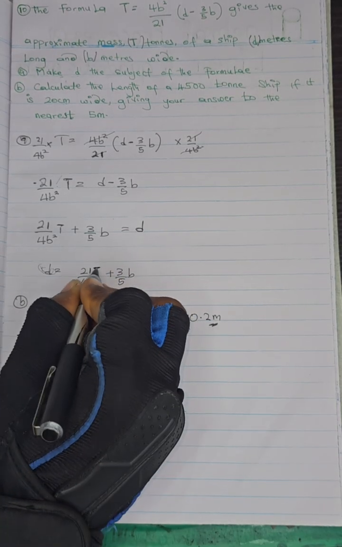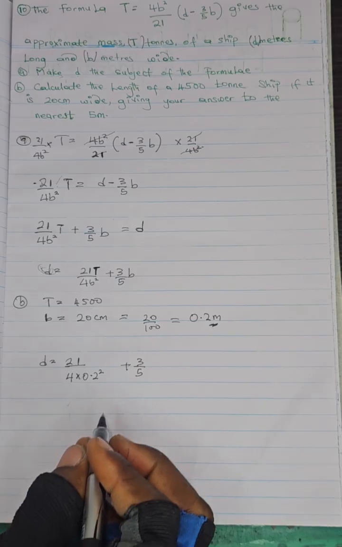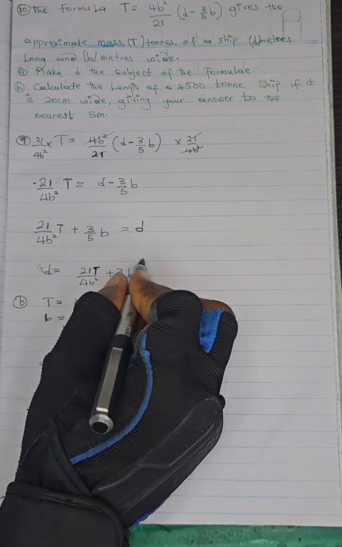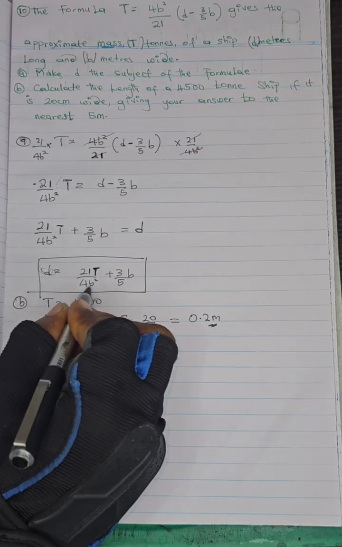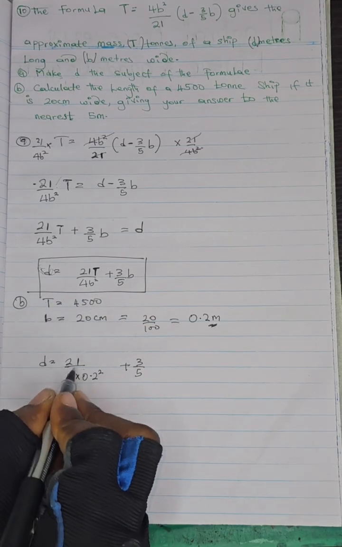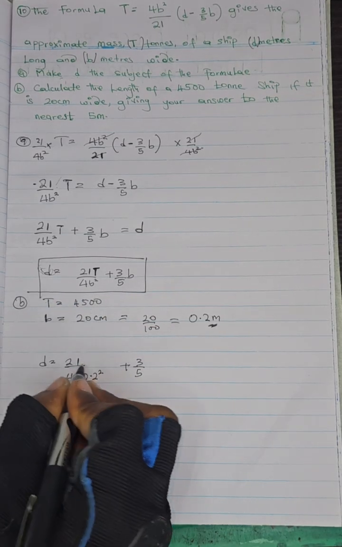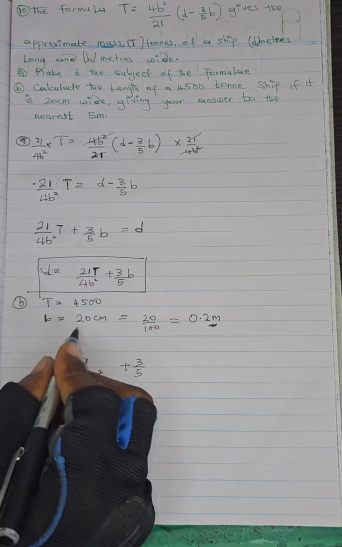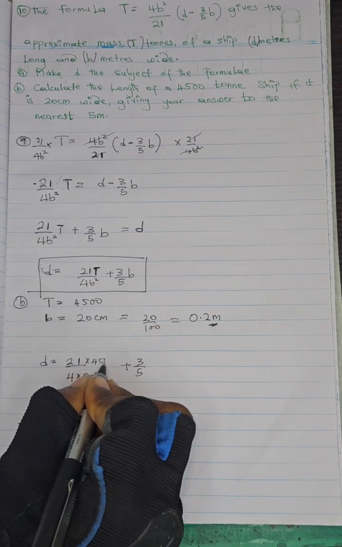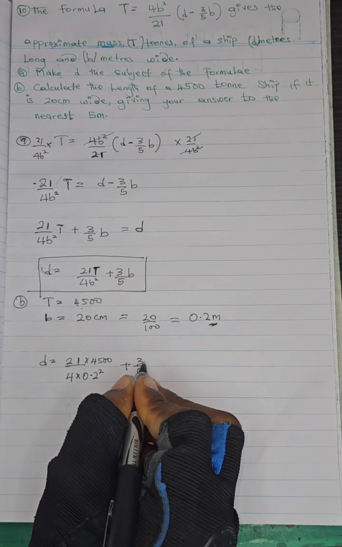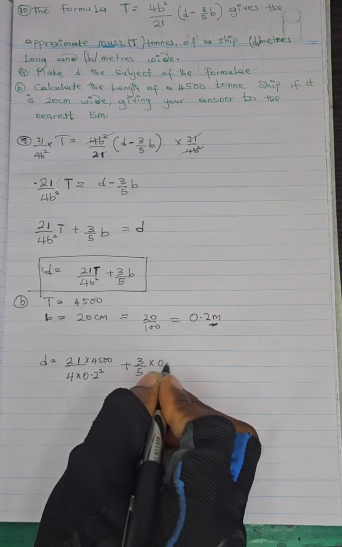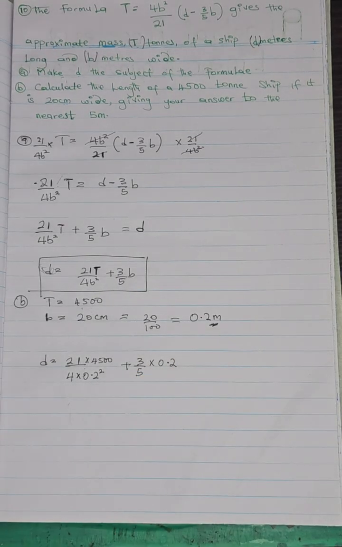So let's correct it. I missed the T. So from here it is 21 over 4 times 0.2 squared times the T, and our T is 4,500, plus 3 over 5b. B is 0.2. So this is what we are going to solve for.